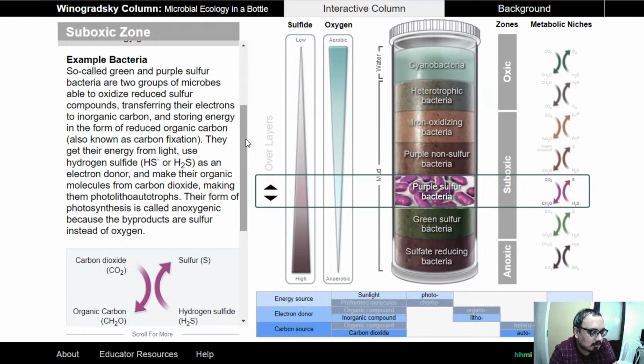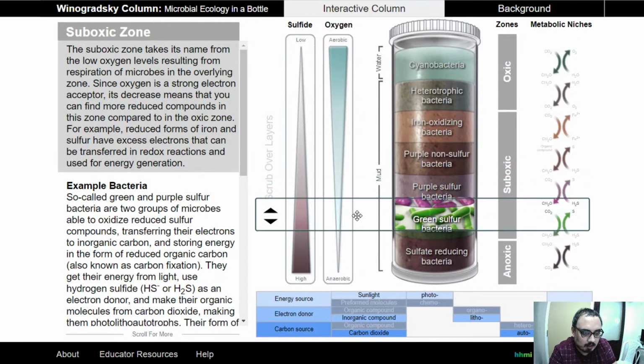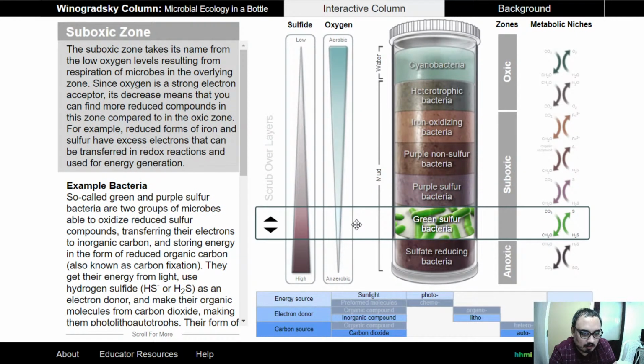They get their energy from light and use hydrogen sulfide as an electron donor and make their organic molecules from carbon dioxide, making them photolithotrophs, and their form of photosynthesis is called anoxygenic because their byproduct is sulfur instead of oxygen.